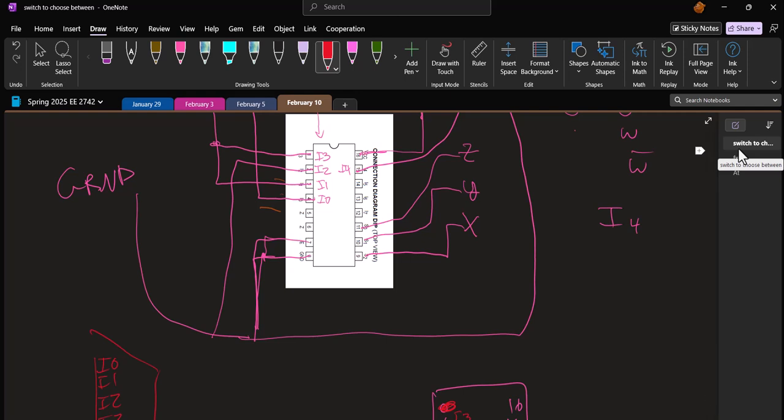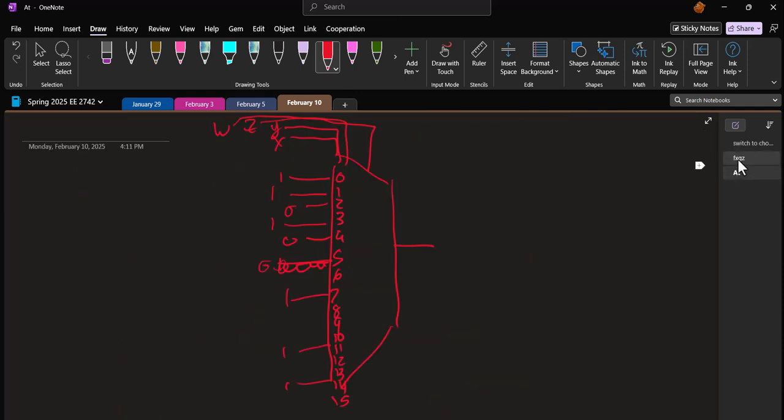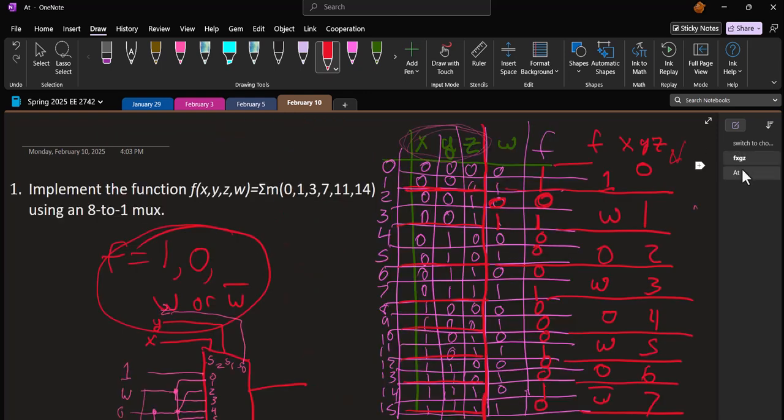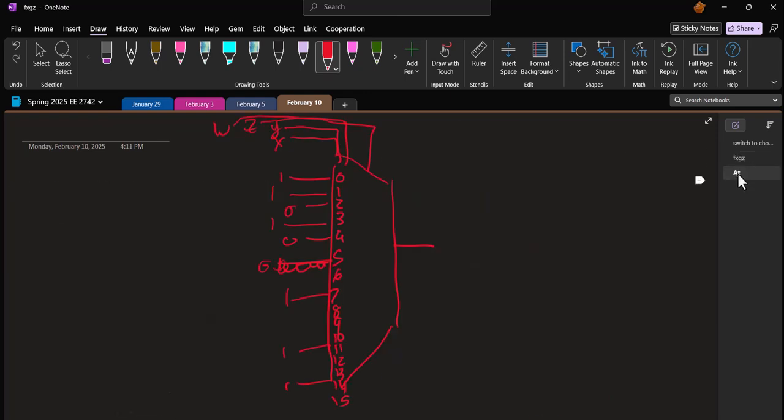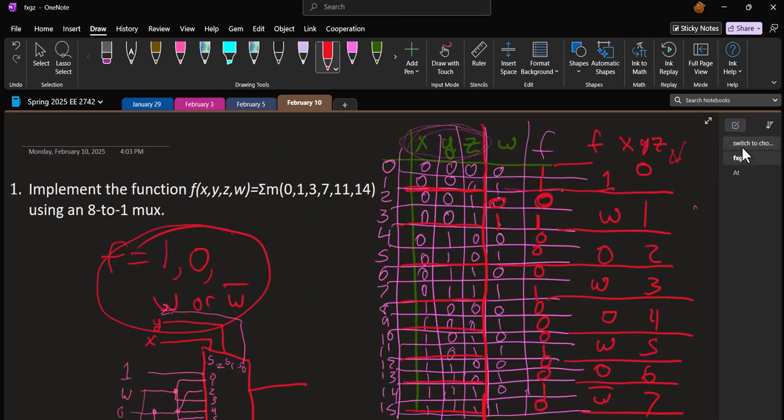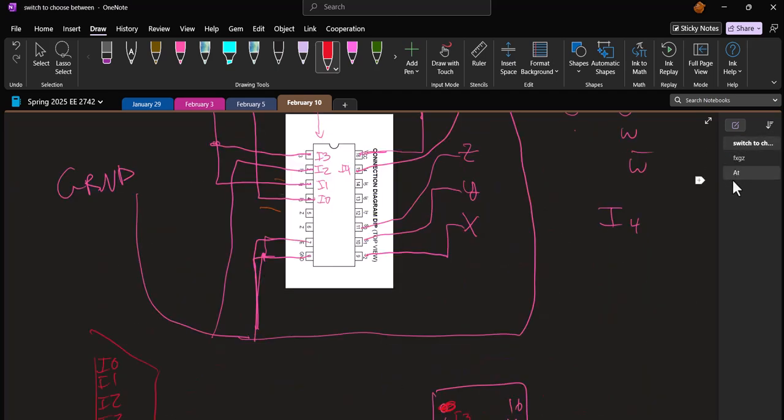Okay, so everything else, are we deciphering that from that truth table chart right there? We are deciphering what goes into these inputs from this chart. X, Y, and Z have to go into S0, S1, S2, and we're figuring out what goes into I0, I1, I2, I3, I4, I5, I6, I7 from our chart.